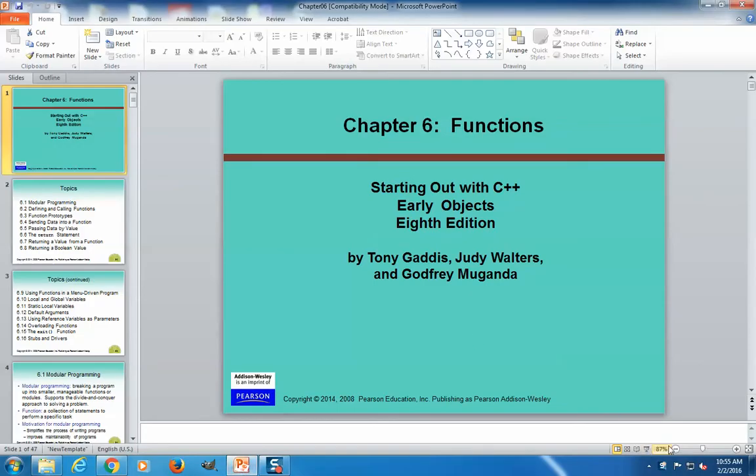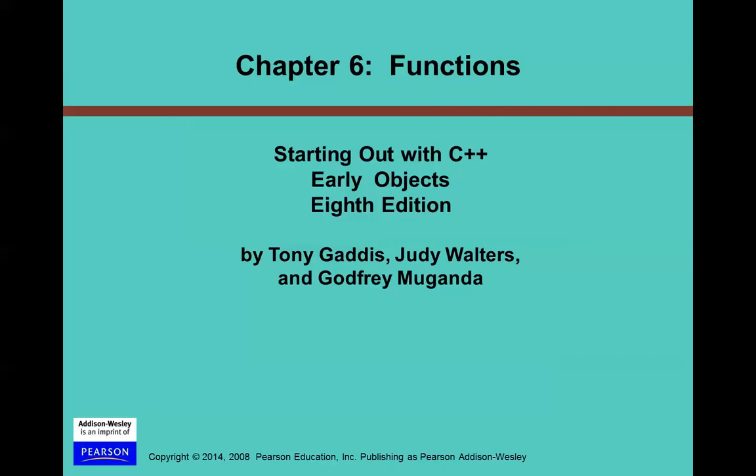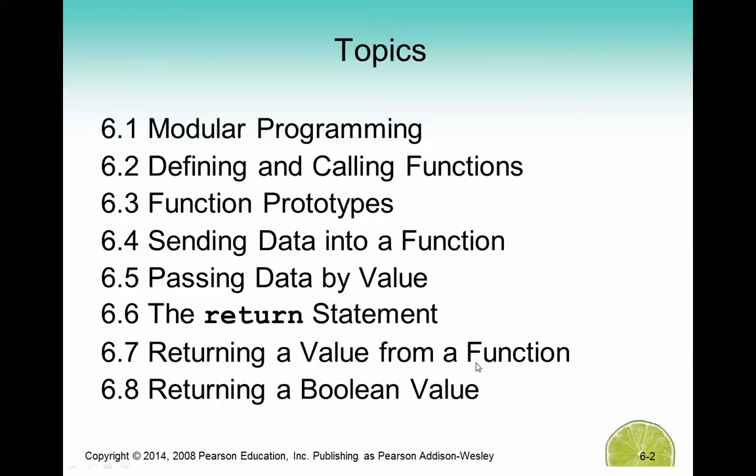Okay, so we're in chapter 6, and we already talked about terminology, why we need to use modular programming. We know how to define functions, how to call functions, how to create a prototype and the use of the prototype.